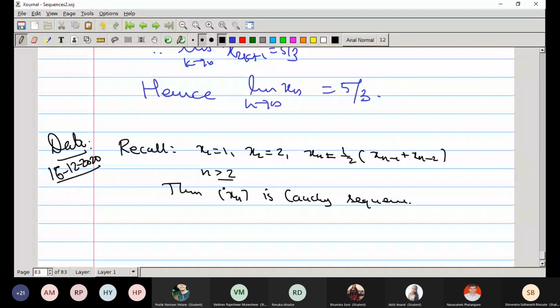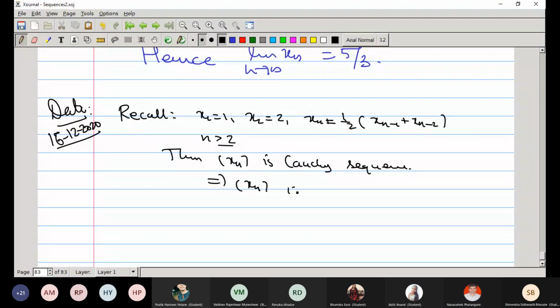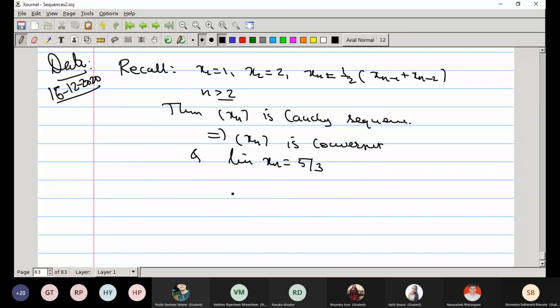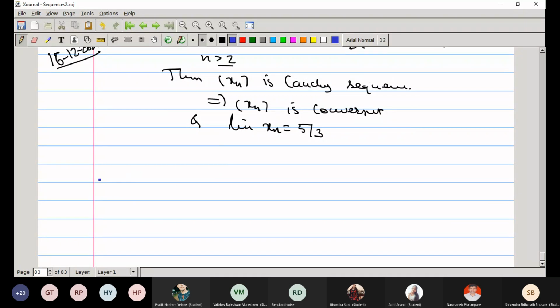Therefore xn is convergent, and also we found the limit, so limit of xn is 5/3, right? So let xn be equal to 1 plus 1 by n.